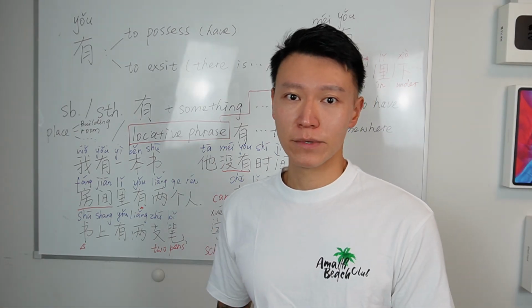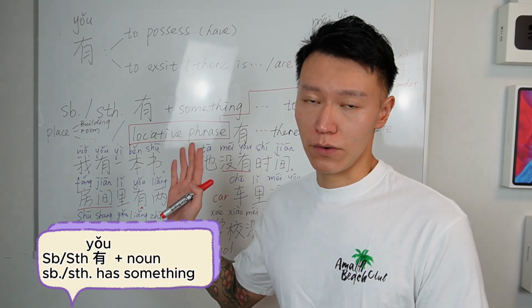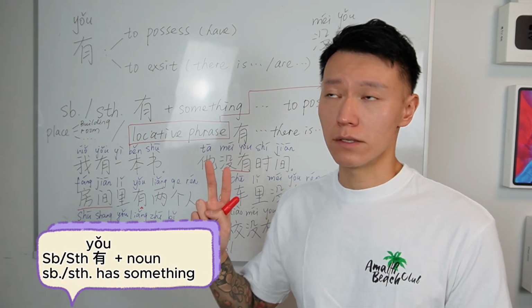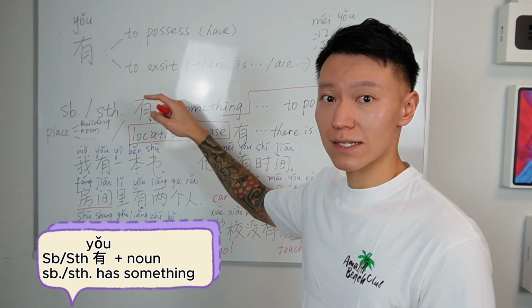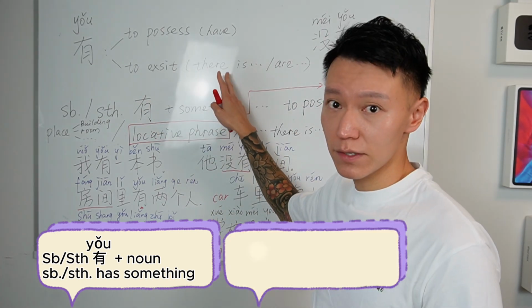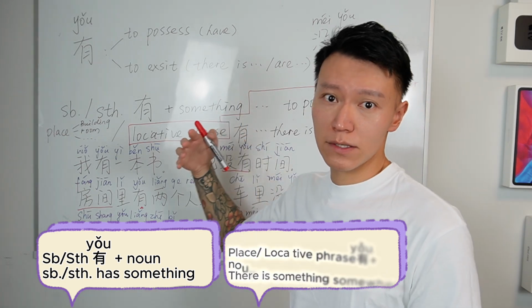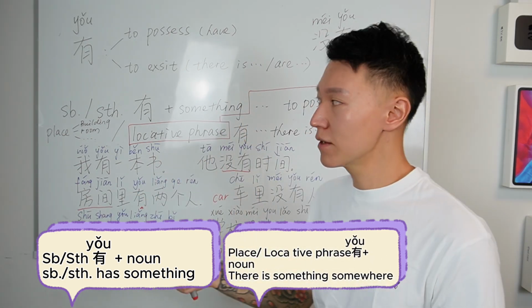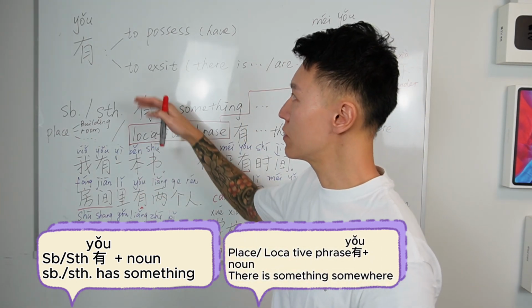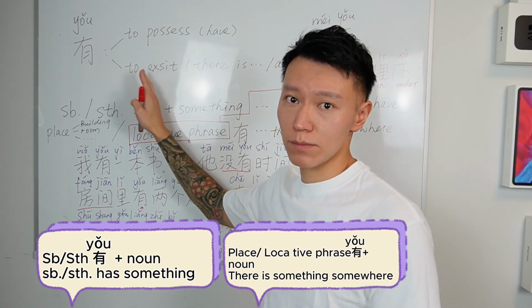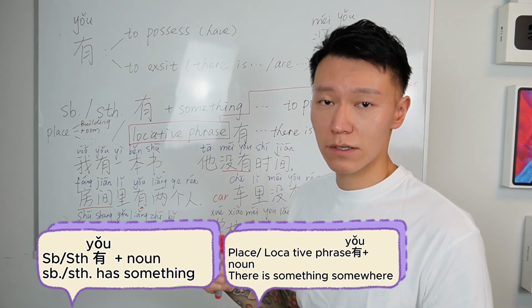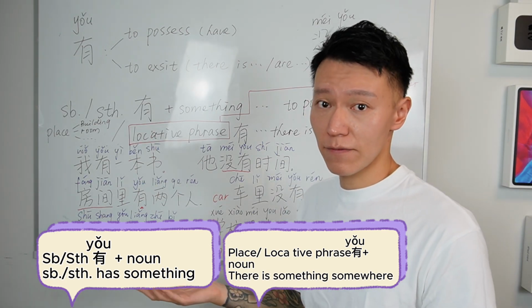Now let's wrap it up. So when we use Chinese 有, we have to know it has 2 meanings. The first one is to possess something, to have something. The second one is there is, there are, which means somewhere exists something. And if you want to use 有 as to have, to possess, you can just put somebody in front of it, and then it means somebody has something.